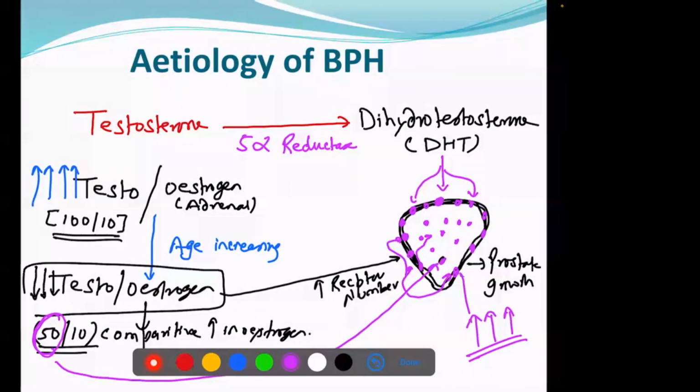But the problem is the testosterone-estrogen ratio. In old age the ratio is altered, estrogen is comparatively increased, causing an increased number of receptors of the prostatic gland, and then increasing the activity of DHT, causing gradual enlargement of the prostatic gland. So this is the acceptable theory for BPH.